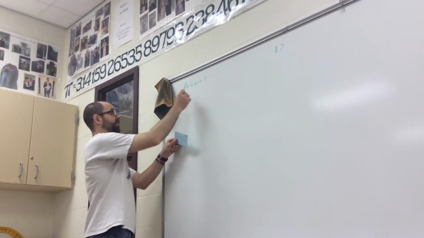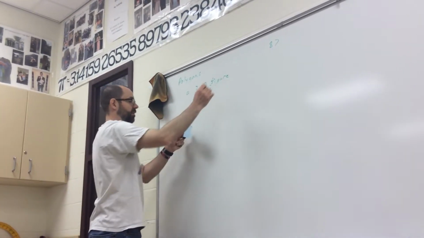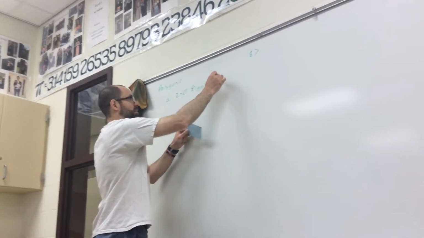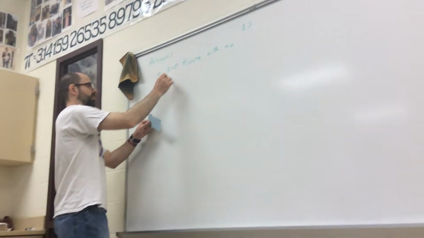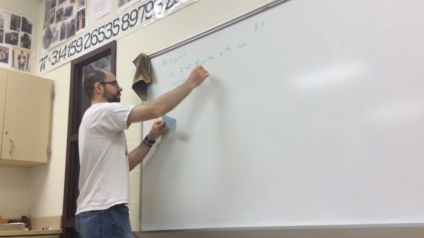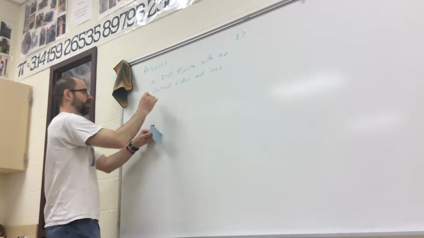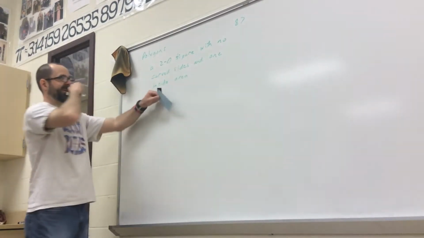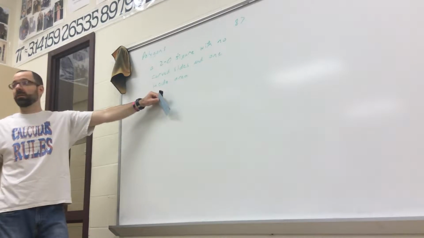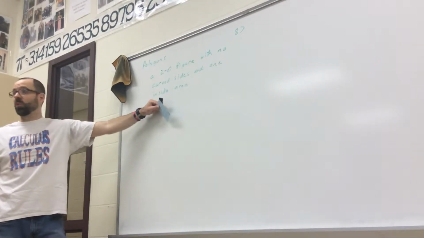And a polygon is a 2D figure with no curved sides and one inside area. A 2D figure with no curved sides and one inside area.